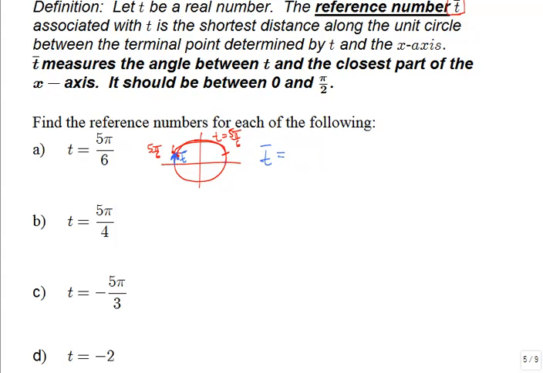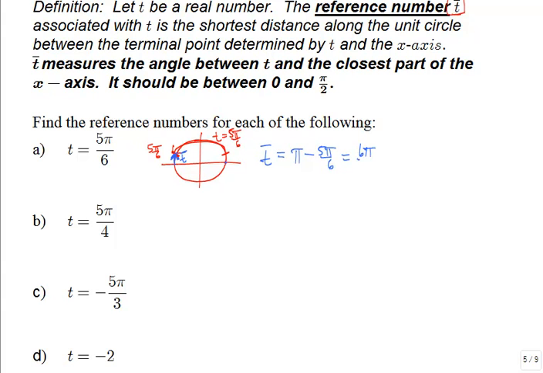Well, we know that to go from this point all the way over to the negative x-axis is an entire distance of pi. But we're only going from (1, 0) to 5 pi over 6. So the distance in between would be pi going all the way down to that negative axis minus 5 pi over 6. So pi minus 5 pi over 6, let's get a common denominator.